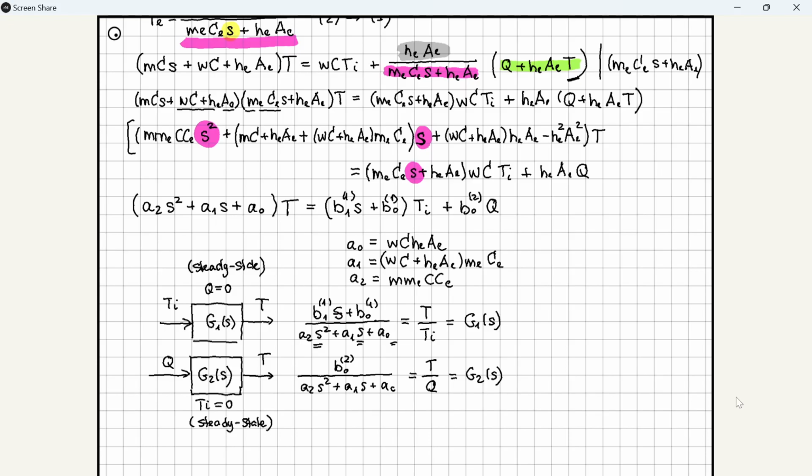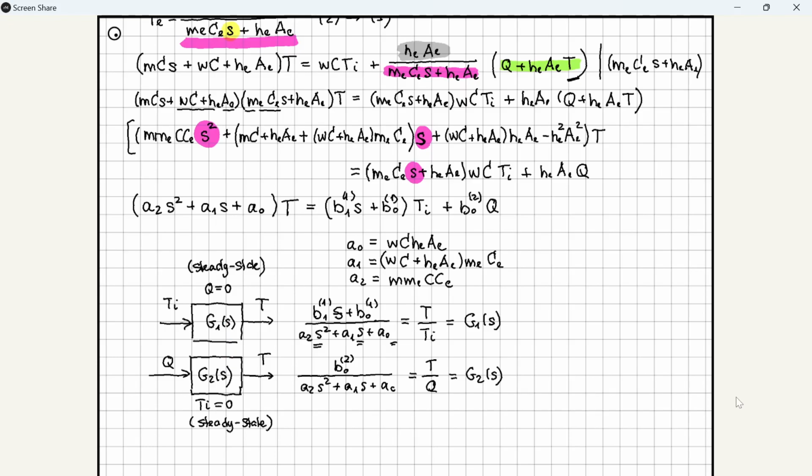So in the next video, I'm going to show you what we can do with these transfer functions and how we can play with them, how we can put them together, because this is quite useful to have, splitting them up this way, and then we can add them up later. We can add up the result as the sum of both of these inputs, and we'll see in a moment how we're going to do that.